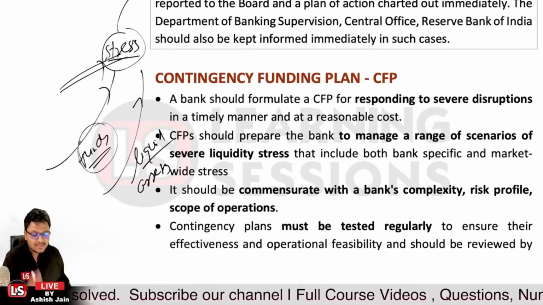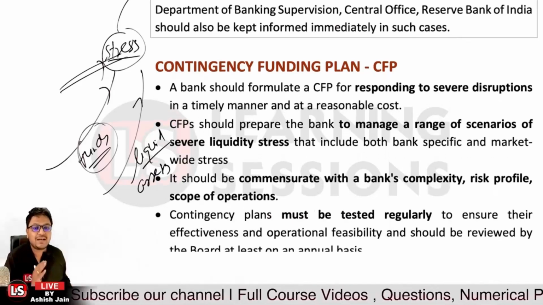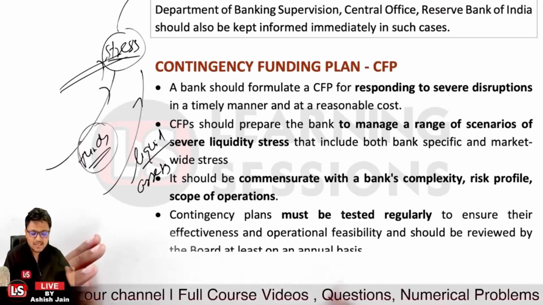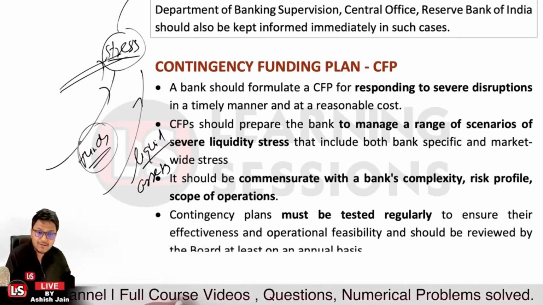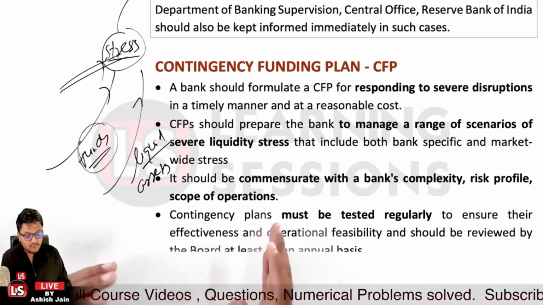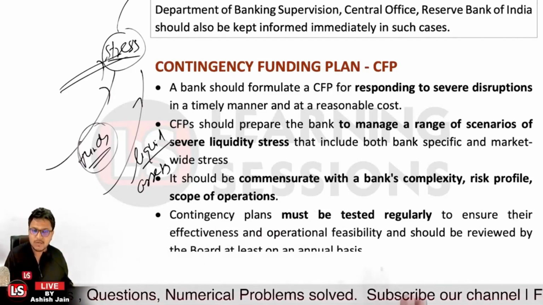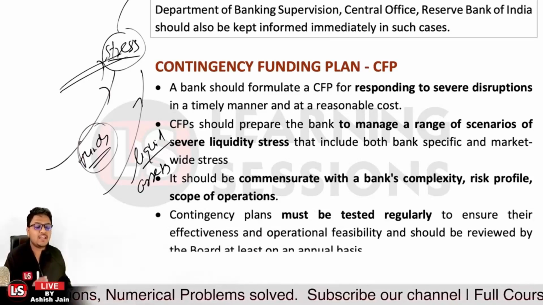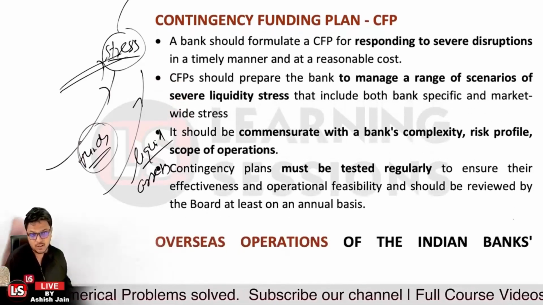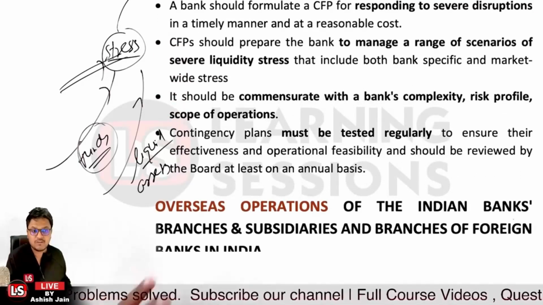These contingency plans must be tested regularly, so that we can check whether these CFP plans are effective enough or not. And if we find any kind of deficiency, that must be looked into and reviewed by the board of directors, and the required things must be put in place. Okay, so that's related to the CFP.